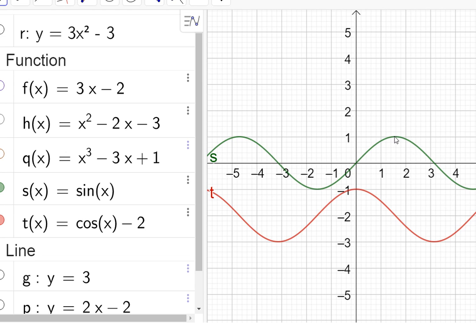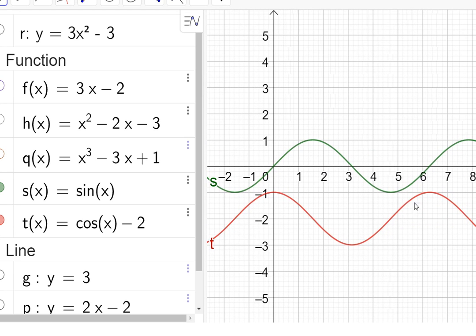So where we have a turning point of our original function gives us the root of the other function. I move this over a little bit, where I have another turning point here, I drop down and I'm at another root of my cosine function.